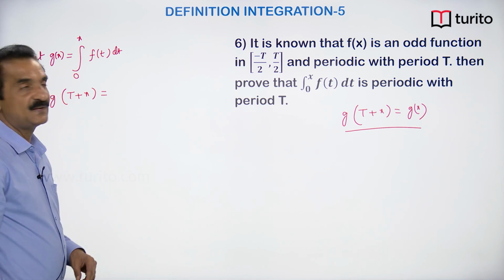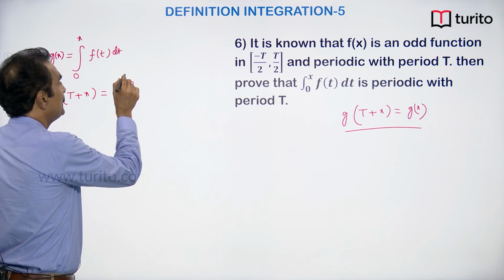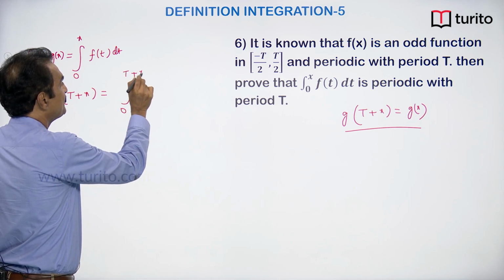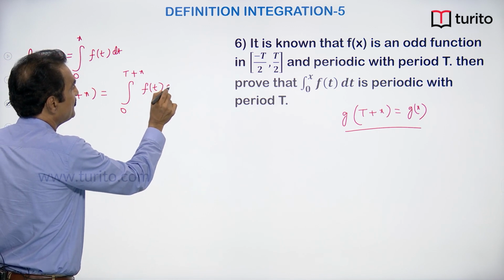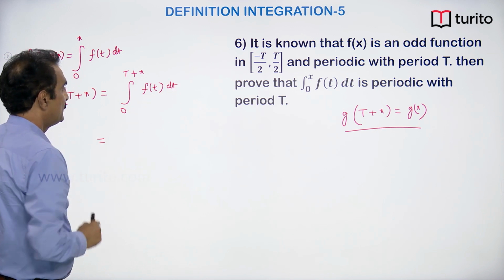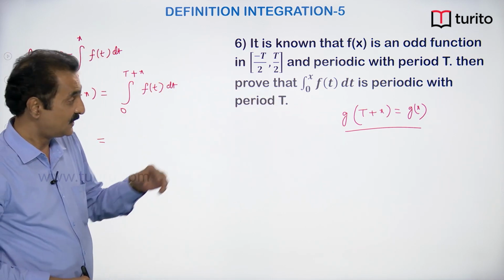So, I will take g of T plus x. g of T plus x is the integral 0 to T plus x f of t dt. I have to prove that it is g of x.